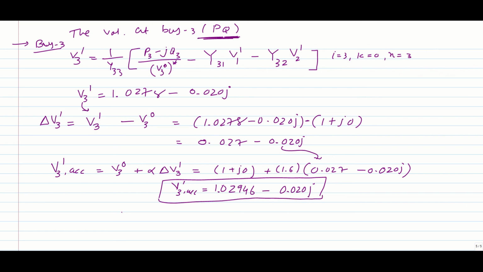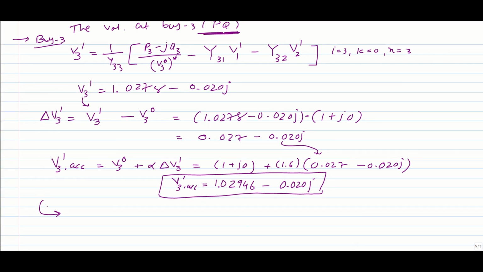Okay. So I hope you have cleared about this power flow analysis using the GS method with both the cases. That means the case where PV buses are absent and the second case where PV buses are present. Now next is we have to calculate the power flow.